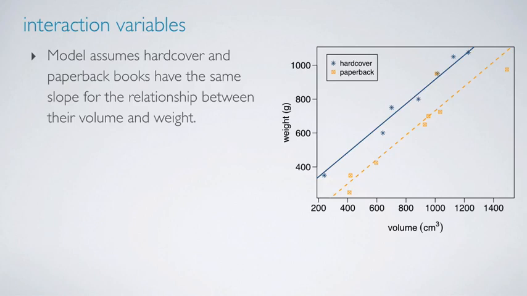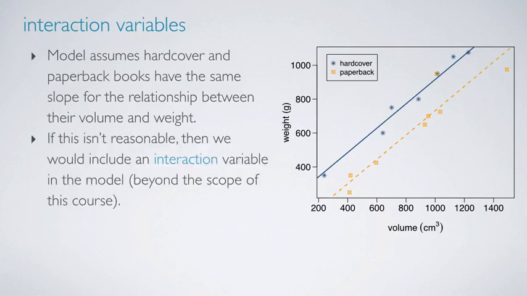Imagine that we were trying to predict calories burnt from number of minutes of exercise, and a categorical variable that we also considered in the model was sex, so male or female. The relationship between number of minutes of exercise and calories burnt may not be the same for males and females, and in that case, it wouldn't really make sense to model this using two parallel lines.